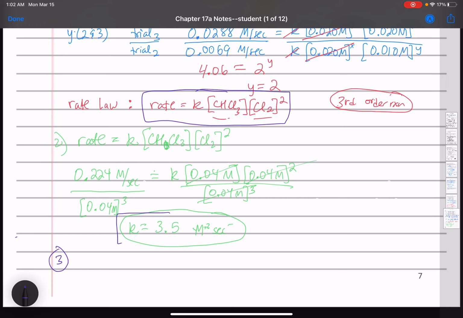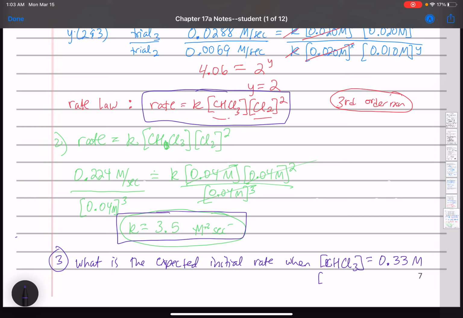And it asked for the value of K, and we found the value of K. So it could potentially have a third part of the question that asks, what is the expected initial rate when the concentration of CHCl3 is 0.33 molar, and the concentration of Cl2 is 0.11 molar. And I just totally picked those numbers off the top of my head.